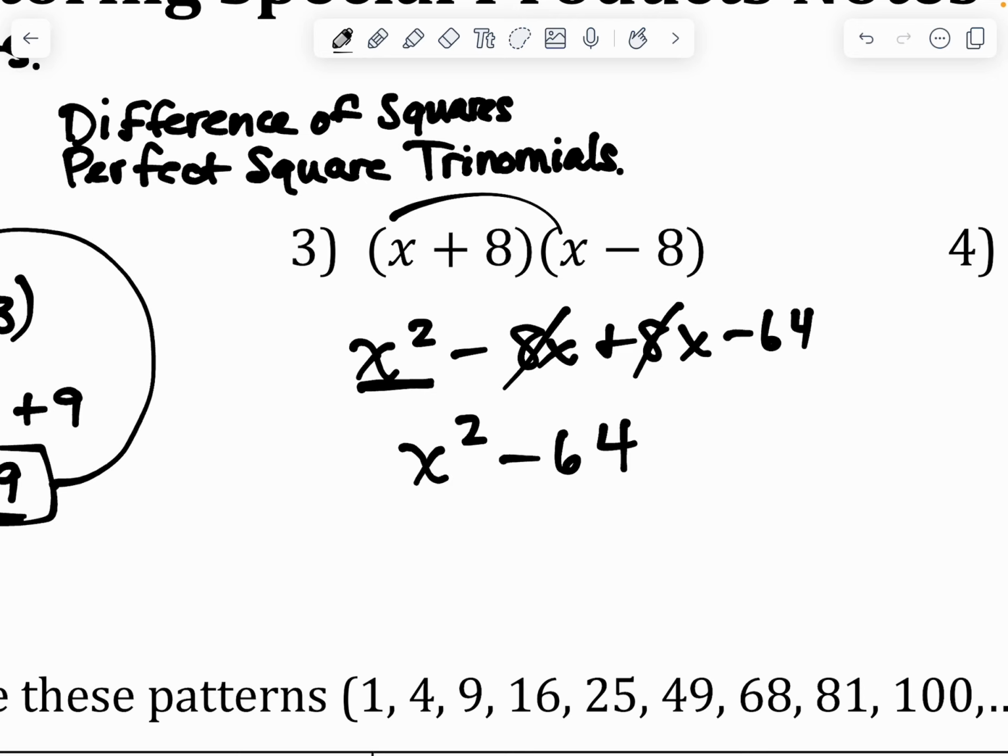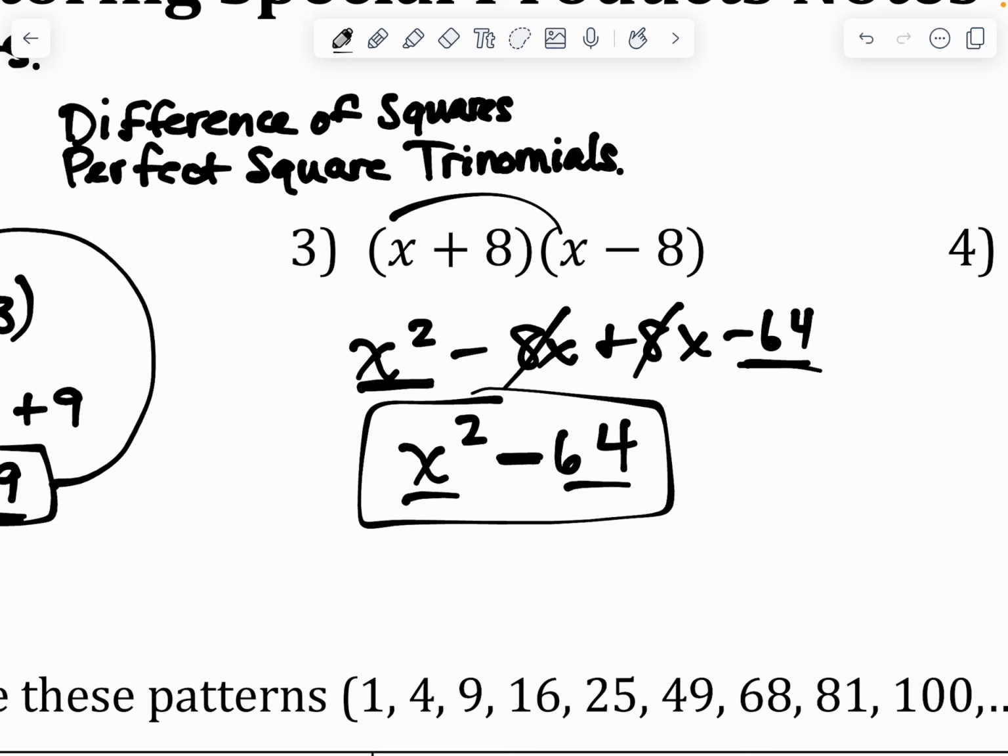X squared is a perfect square and 64 is a perfect square. The difference, it's always minus. So we call that the difference of two perfect squares. So if I give you something that looks like this and I say factor it, I know automatically that since that's a perfect square and that's a perfect square, and it's the difference, I'm going to get something like that when I factor.